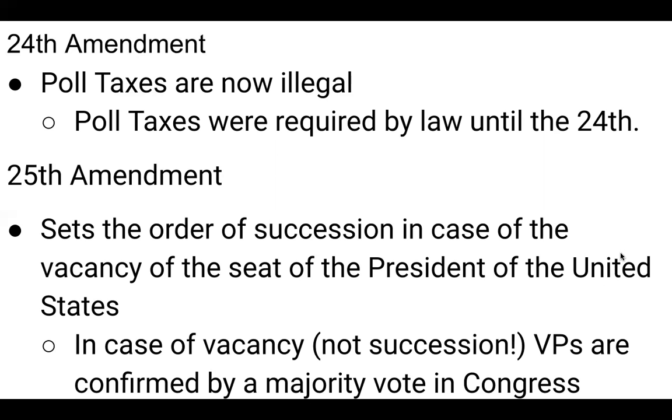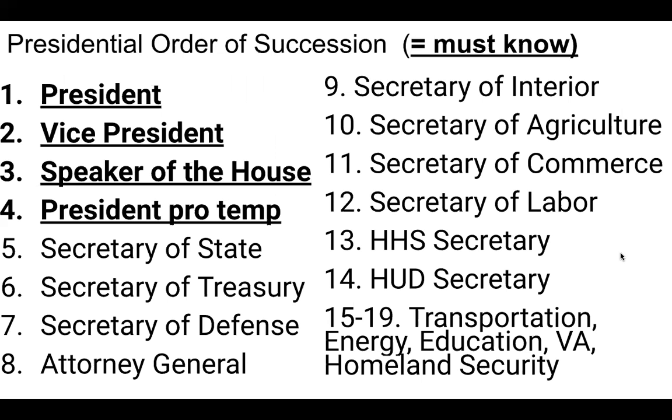Here is what's going to happen. So here's the order. You only have to know the bold and underlined piece. You have to know president first, then vice president, speaker of the House, president pro temp, in that order. And then after that, it's the secretaries in the order of what department was created first.